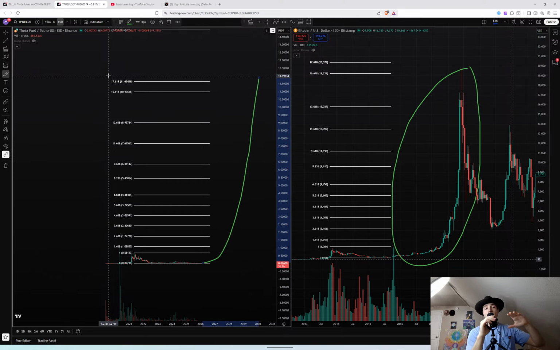But we're talking about it taking the market cap of other altcoins as well as taking the market cap of fiat money at that point too. In order to have a market cap that big, you'd have to essentially take over a lot of different sectors.